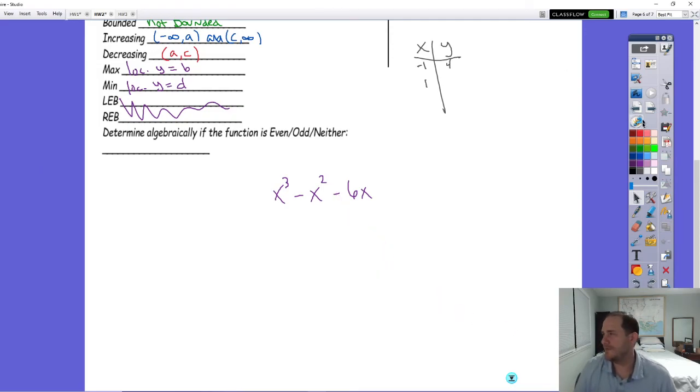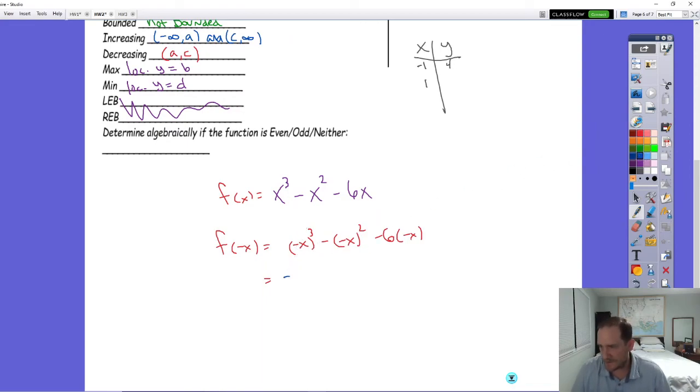Okay, if that's f of x, then you're going to find f of -x, which is going to give you -x cubed, -x all squared, and 6 times -x. So what happens? This term stays negative.